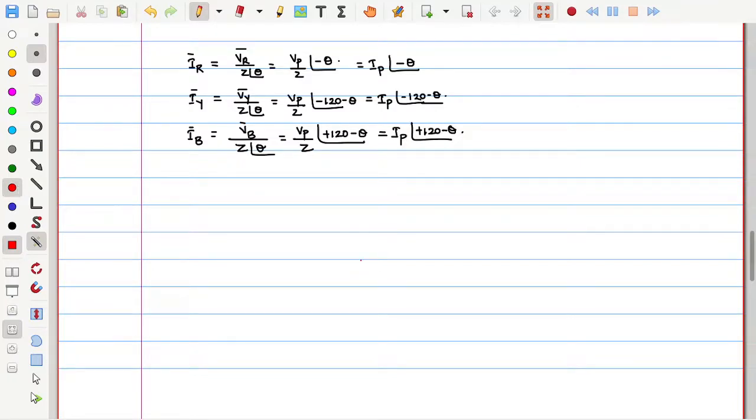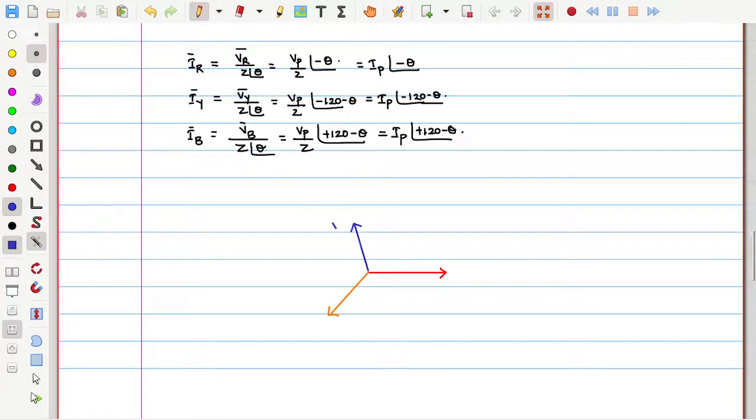So I'll use the color coding, for the sake of your understanding. Now, this is the R phase voltage. Next is the Y phase voltage. Next is the B phase voltage, which are VR, VY, VB.